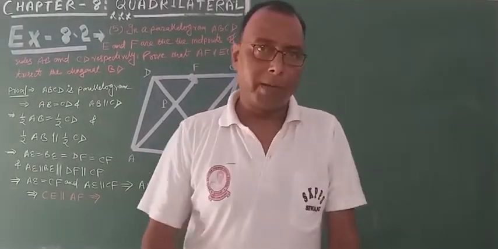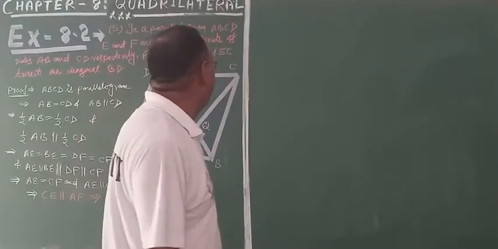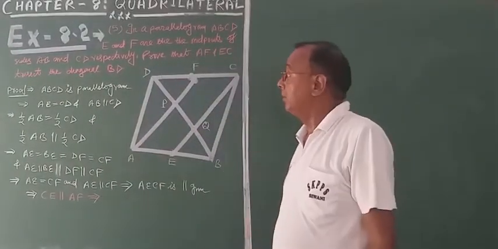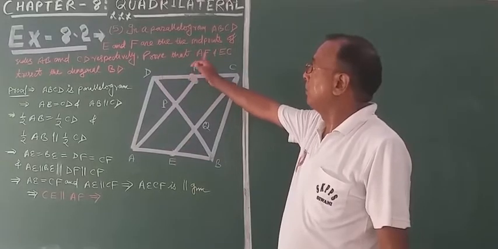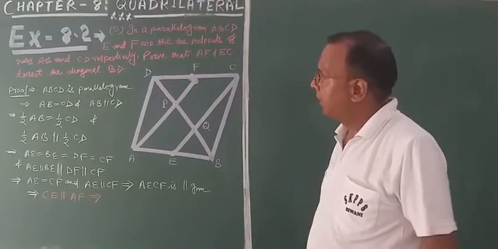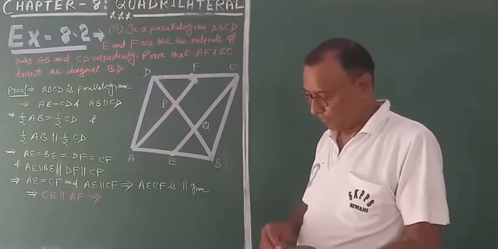Now this is question number 5. In a parallelogram ABCD, E and F are the midpoints of the sides AB and CD respectively.